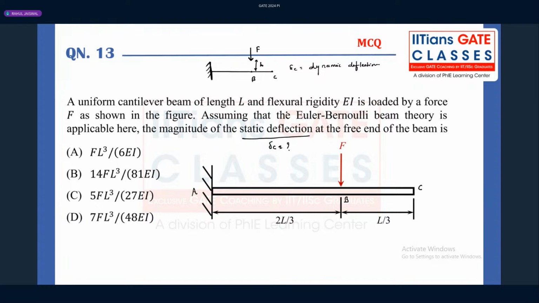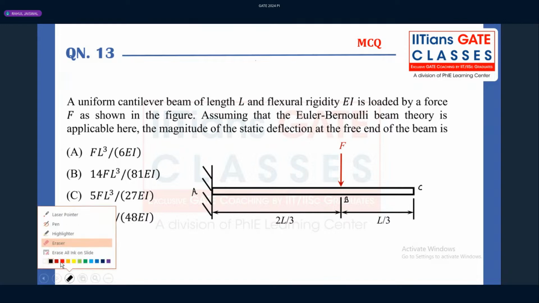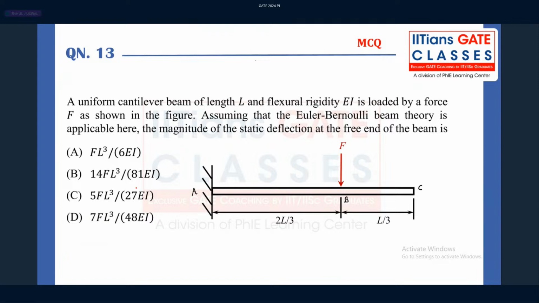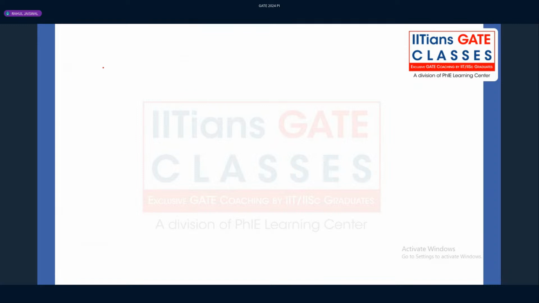Again, that is also deflection, but it is dynamic deflection, and it will be higher than the static deflection. We are discussing this because it can be the question for next year's GATE, because that is the strategy of the examiners who frame the questions.